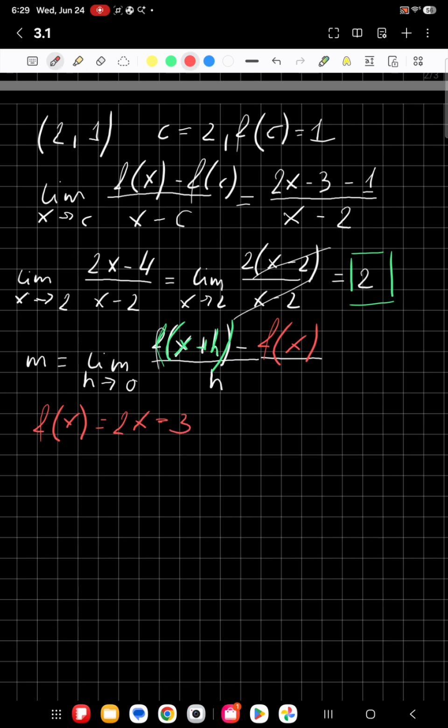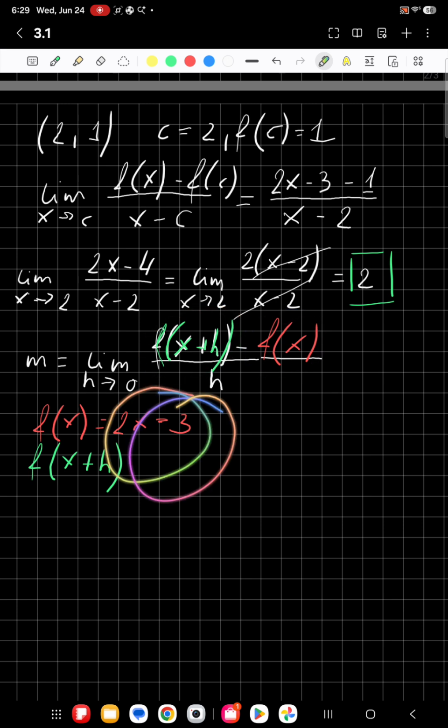And now I'm doing f of x plus h. I hope you see what I'm doing. I'm just separating those. So I'm trying to figure out what this is and what this is, and after I'm done, I will plug them into the formula. So let's finish f of x plus h.